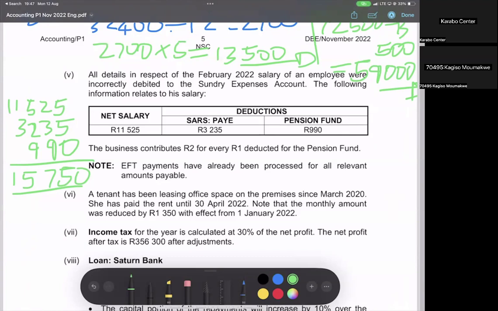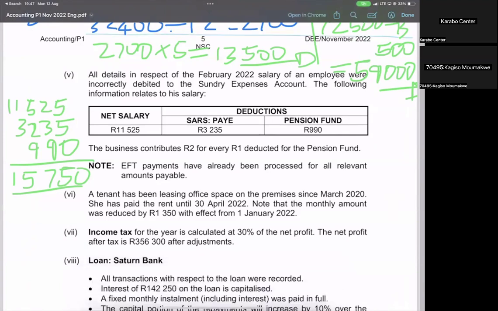We would be done if they did not say including contributions, but now we have to account for contributions and we have to read the transaction for the contributions. They say the business contributes 2 rand for every 1 rand deducted for pension fund. Meaning when you take out 1 rand, the business gives you 2 rand. So whatever amount you got, you have to times it by 2. So where you contributed, you said my pension fund is 990.